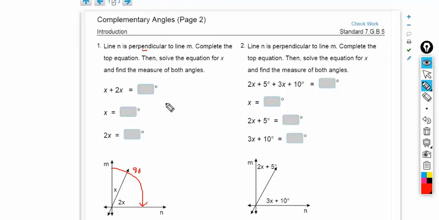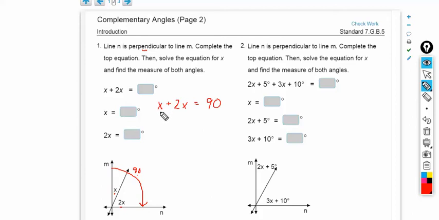So that means that x plus 2x is equal to 90 degrees. This is my x and this is my 2x. If I put those together, they equal 90 degrees.